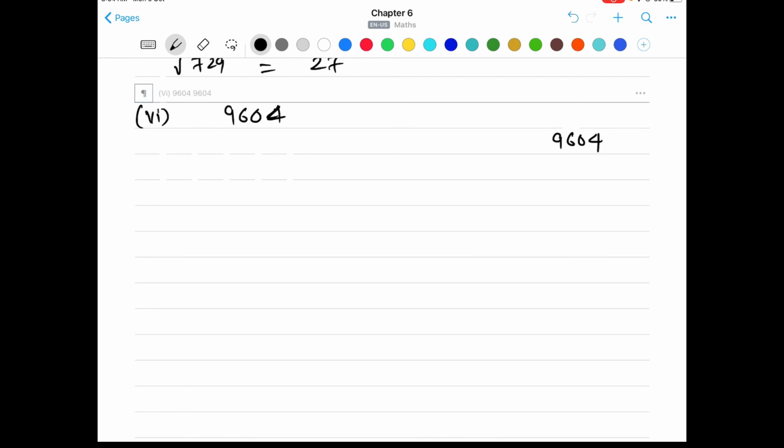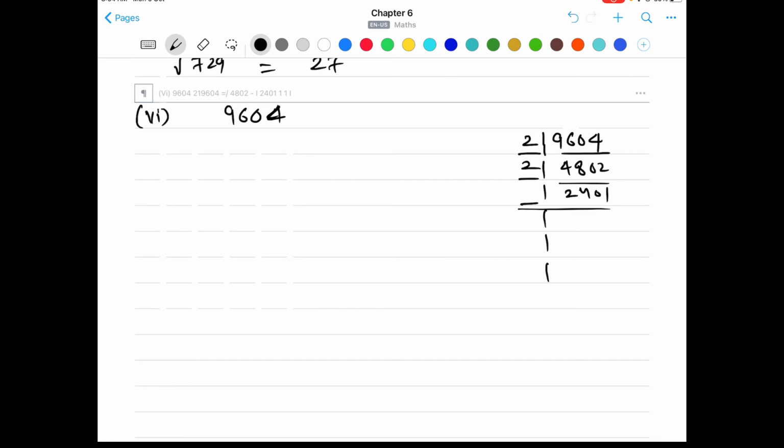First let's draw the lines here. We'll first divide this number by 2, so we'll get 4802. Again dividing by 2 we'll get 2401. Now we have 1 at the ones place, so this cannot be divided by 2 now.